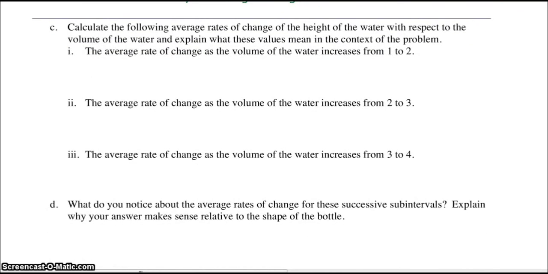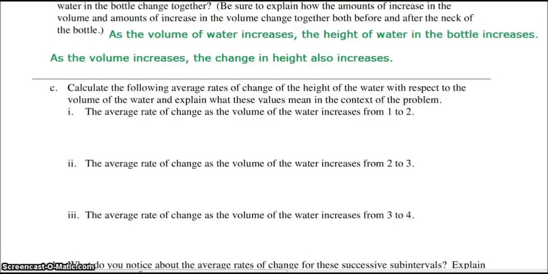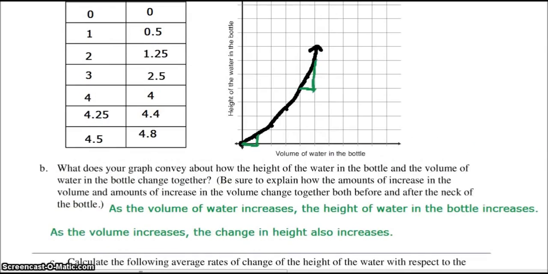Let's see. Calculate the following average rates of change of the height of the water with respect to the volume of the water and explain what these values mean in the context of the problem. Okay, the average rate of change as the volume of the water increases from 1 to 2.